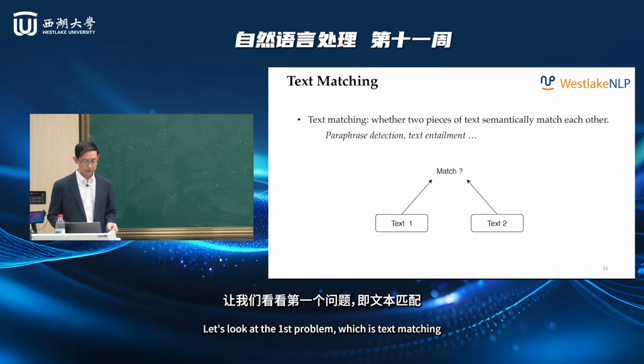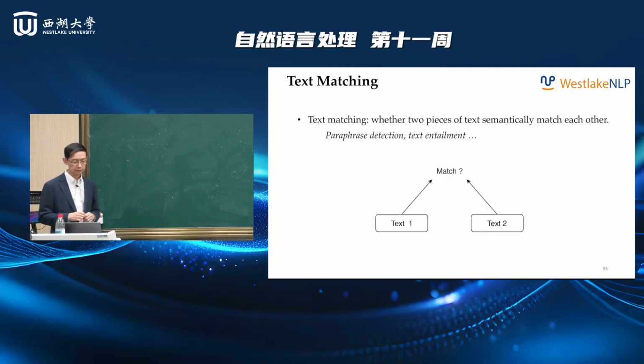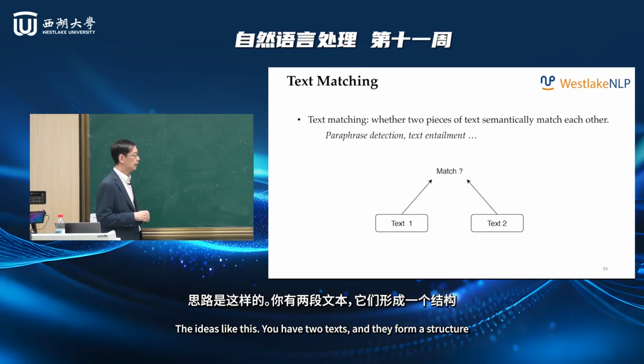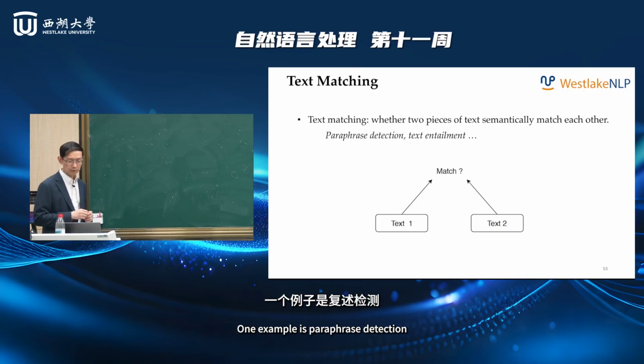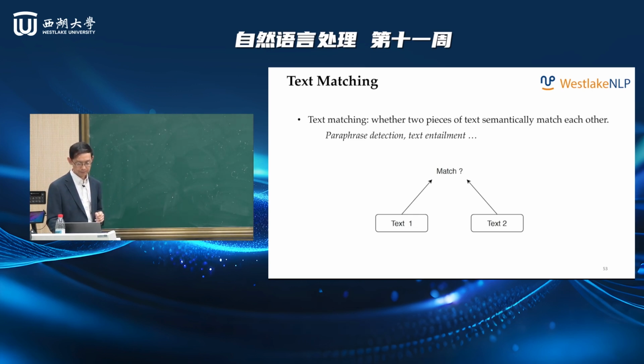Let's look at the first problem, which is text matching. The idea is like this. You have two texts, and they form a structure. One example is paraphrase detection. Okay?